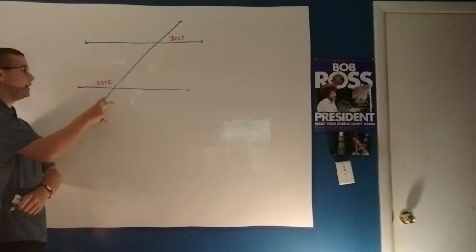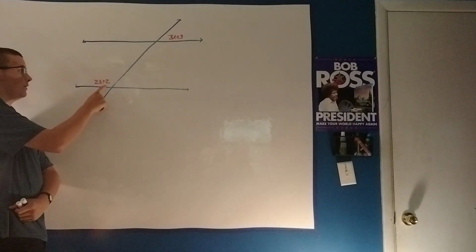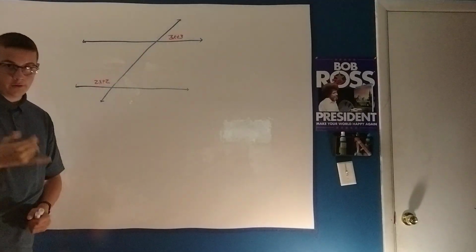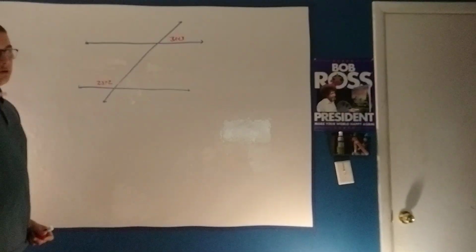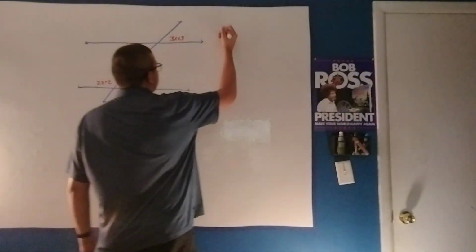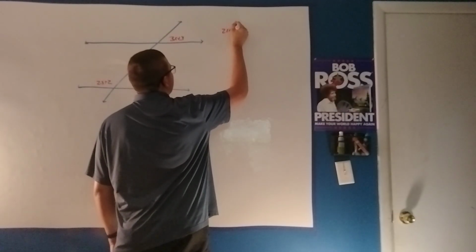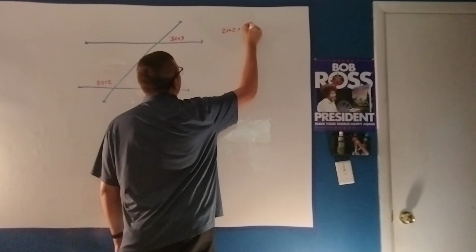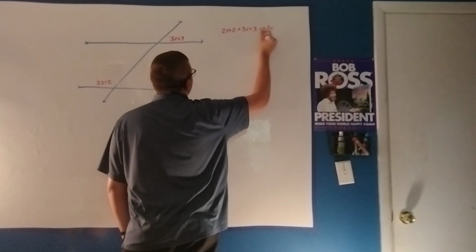They add to 180 because one is obtuse, one is the acute angle, and there's only going to be 2 angles. So when we add these together, we get 180. So 2x plus 2 plus 3x plus 3 equals 180.